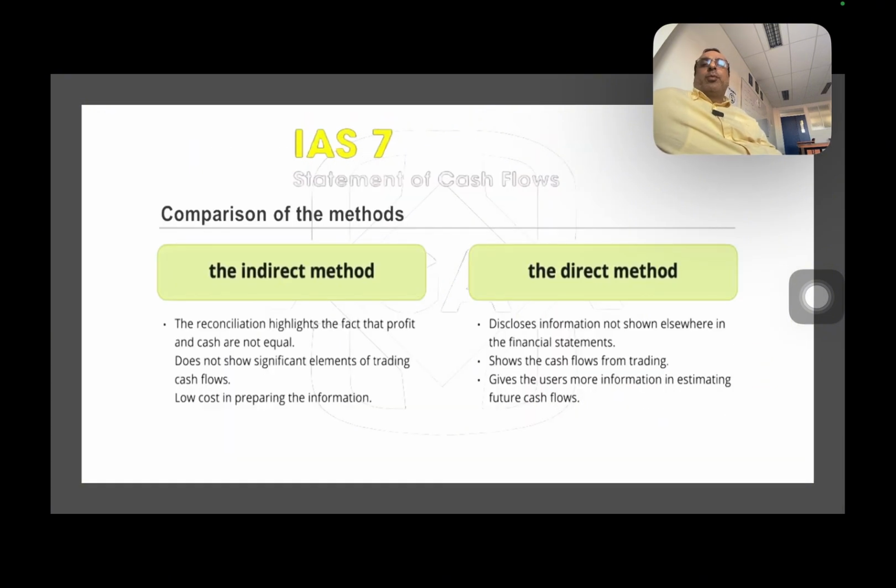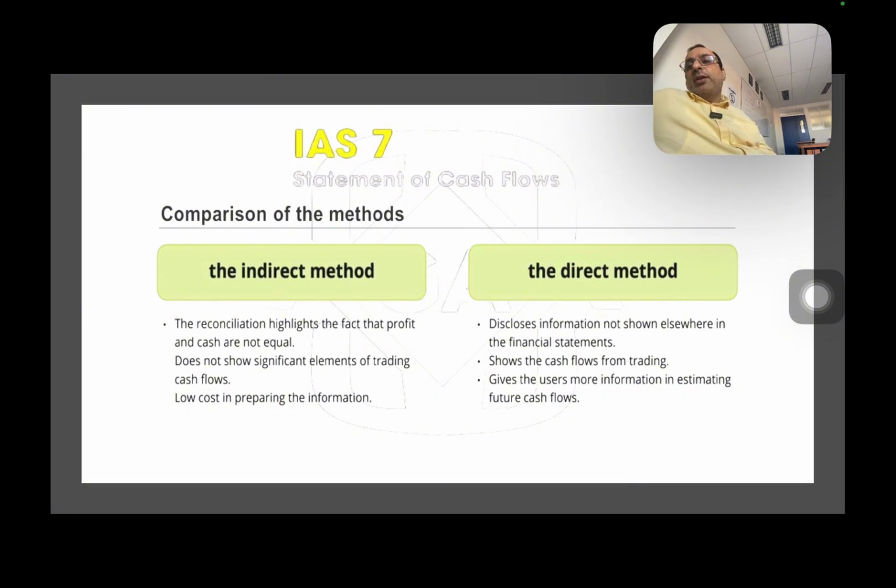If we compare both methods, the indirect method highlights the fact that profit and cash are not equal. It does not show significant elements of trading cash flow. You must have done the trading part and non-trading part of the income statement. Its cost of preparation is very low.